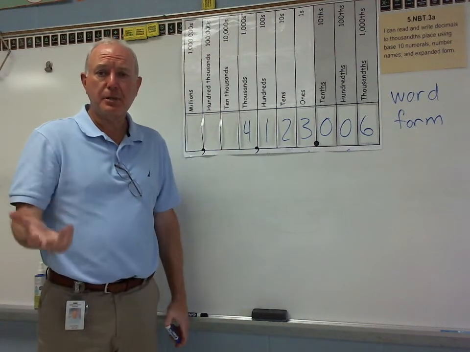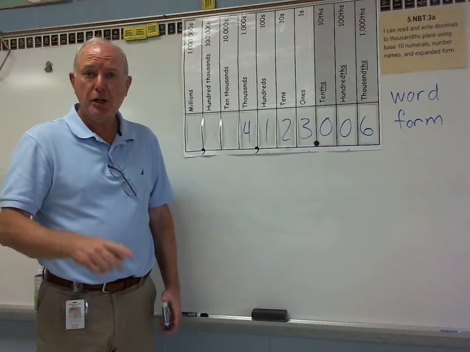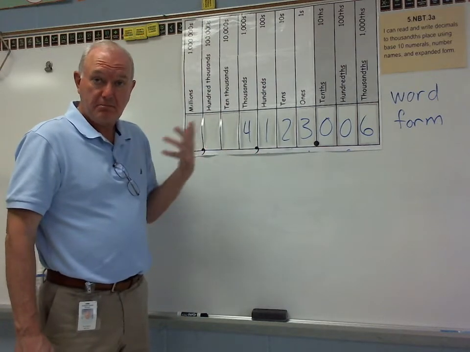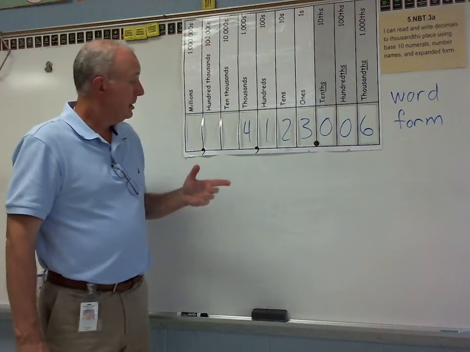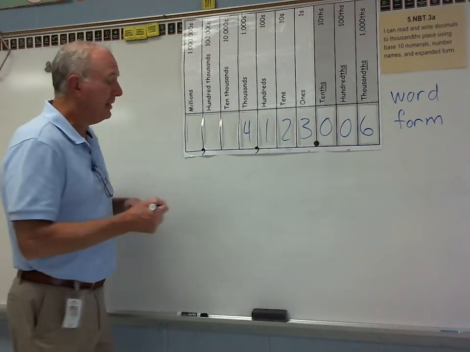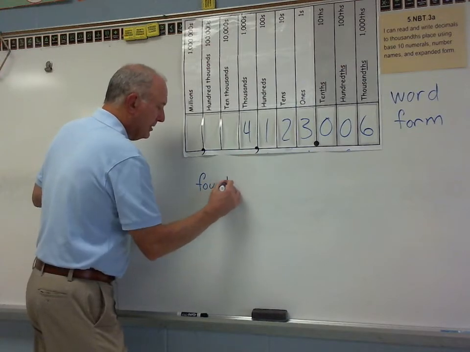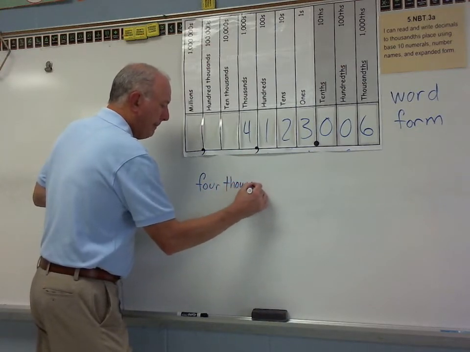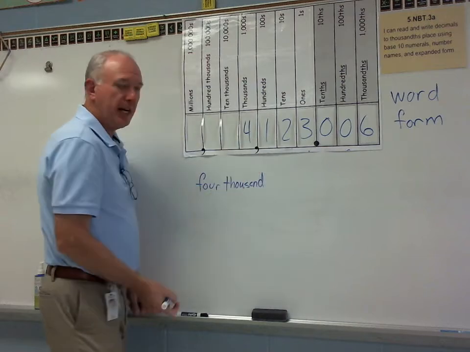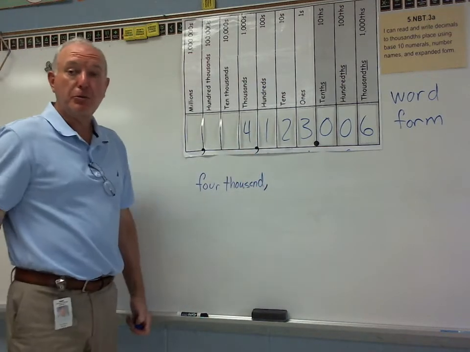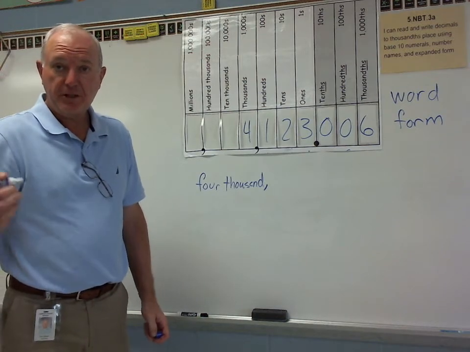Here's another one that presents some problems sometimes. Now, you know from yesterday that the comma right here says, speaks, it says 1,000. So this is, let's write it out together. 4,000. And after 1,000, because the comma says 1,000, we always put a comma after the word 1,000. 4,000.